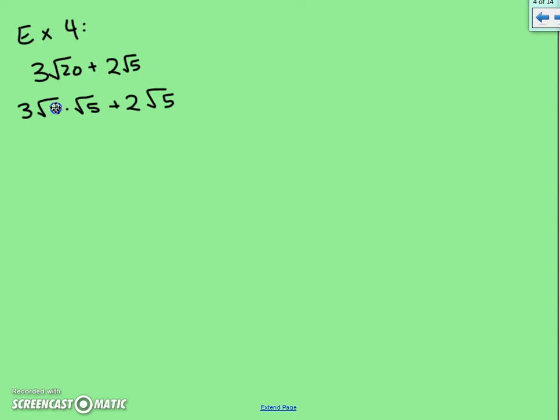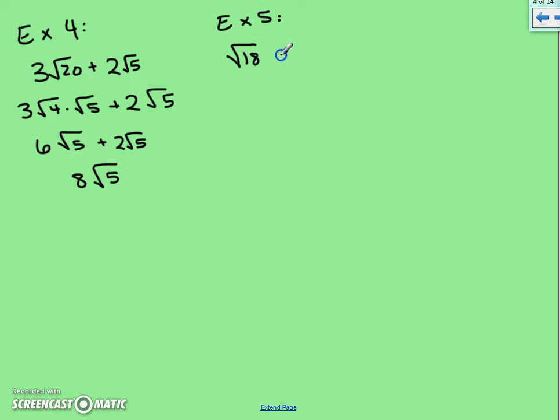Radical 4 simplifies to 2, so 3 times 2 is 6. We're left over with 6 radical 5 plus 2 radical 5. 6 plus 2 is 8 radical 5 for our answer. Okay, at any point if we need to pause to discuss these or get them copied down, we may do so.